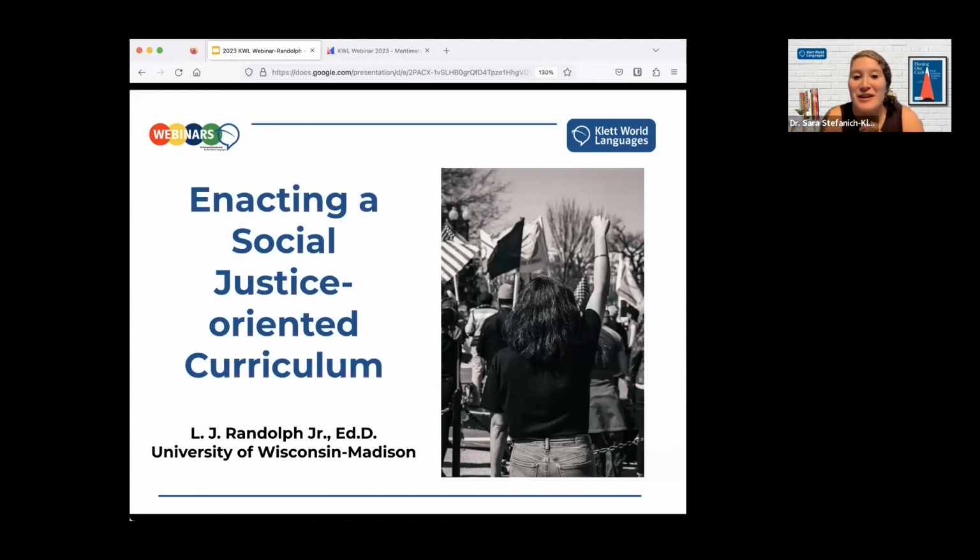Dr. L.J. Randolph is an assistant professor of world language education at the University of Wisconsin-Madison. His teaching career has spanned over 20 years, including time as a Spanish teacher and an ESL teacher at the secondary level. His research and teaching focuses on various critical issues in language education, including teaching Spanish to heritage and native speakers, incorporating justice-oriented, anti-racist, anti-colonial pedagogies, and centering Blackness and Indigeneity in the classroom.